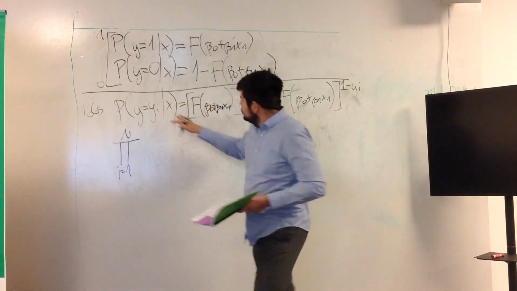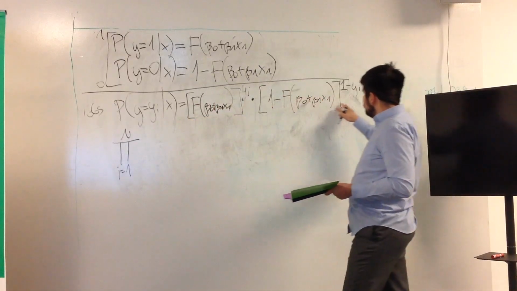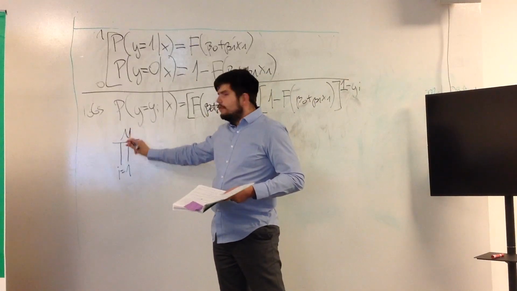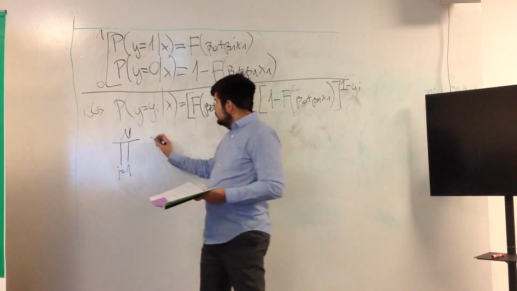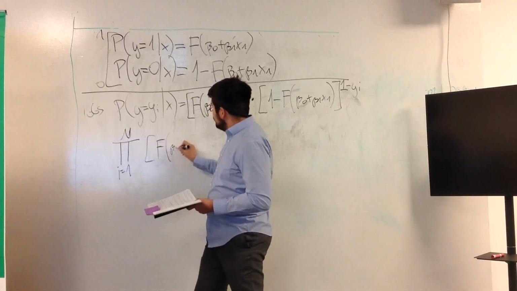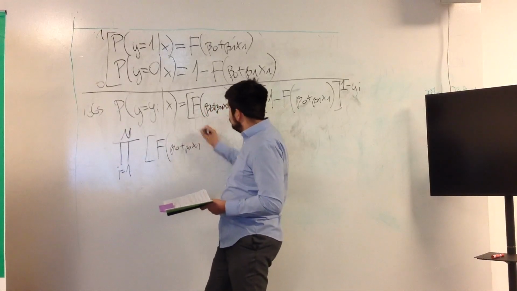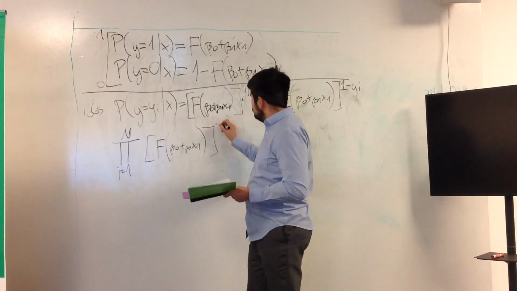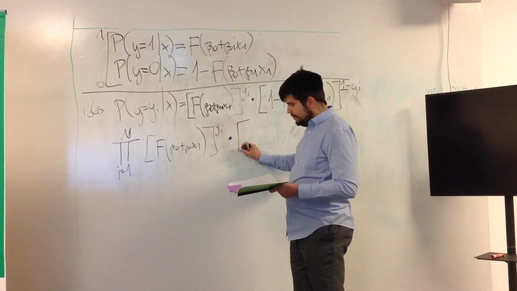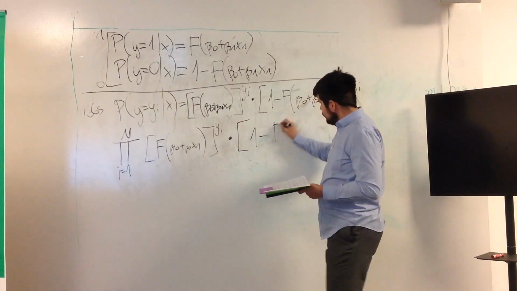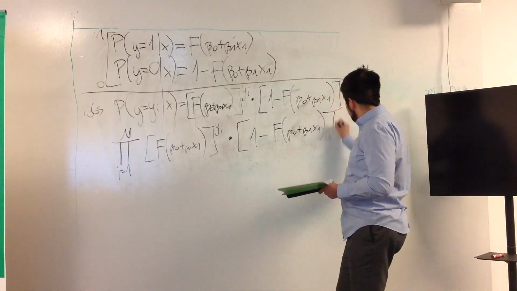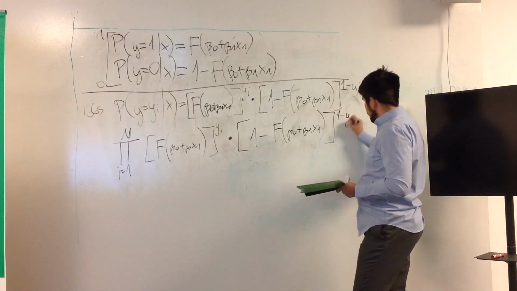And I'll use the same formula as here, but a product for all the observations. So, same thing, a function of beta 0 plus beta 1 x1 to the power of yi times 1 minus the function of beta 0 plus beta 1 x1 to the power of 1 minus yi.